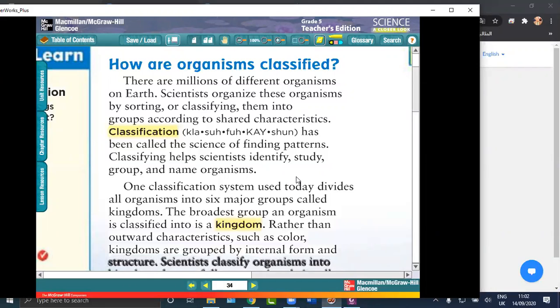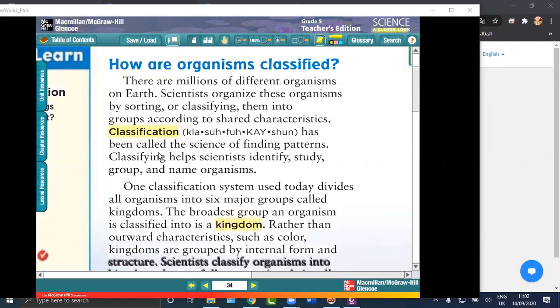So easy, similarities. Now we can put some groups of living things by similarity. We can put animals, plants, fungi, protists, bacteria in groups. We can classify all of this in groups according to similarity, like the living things we arrange as similar.